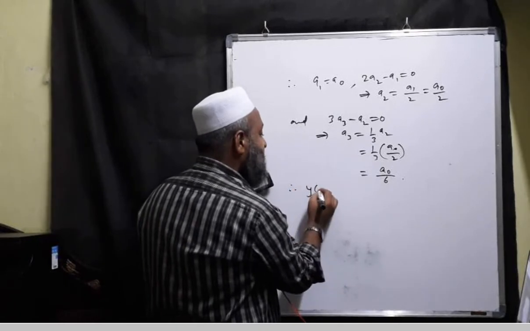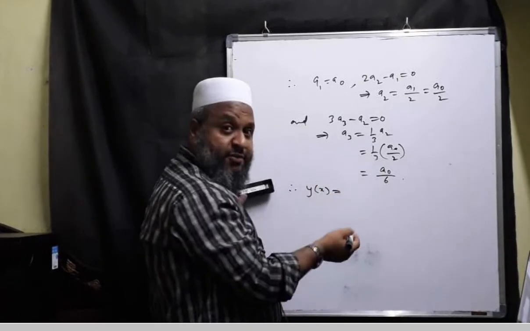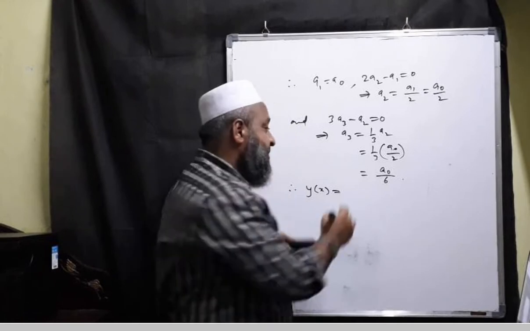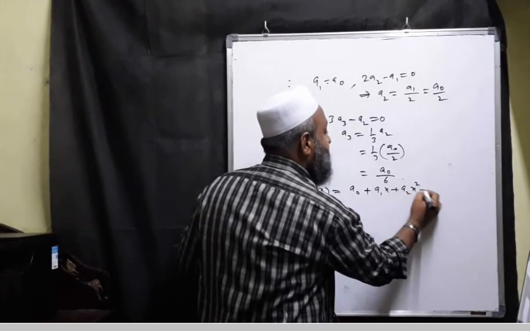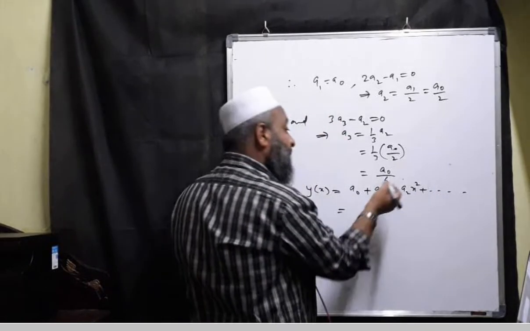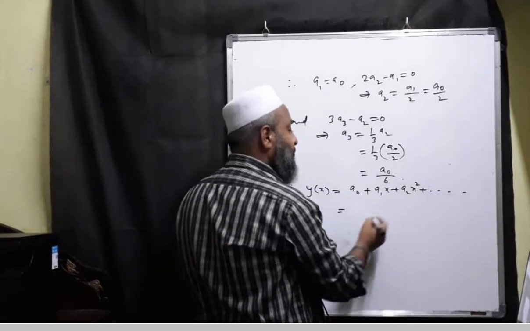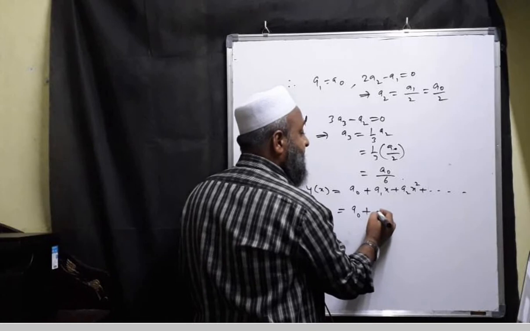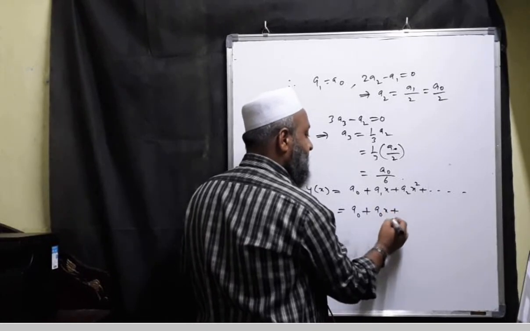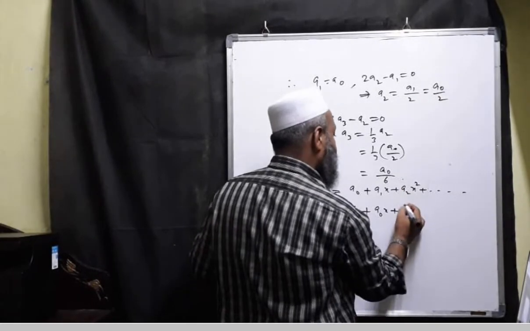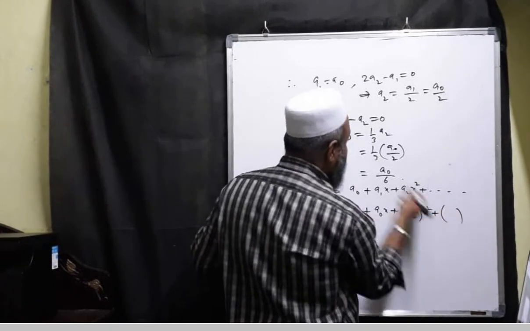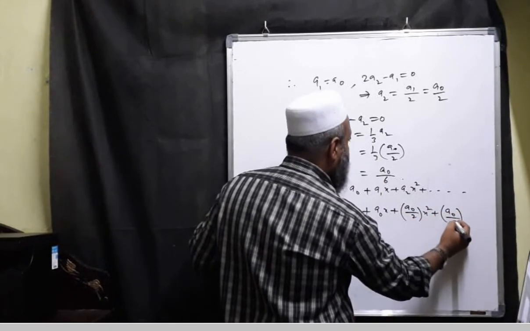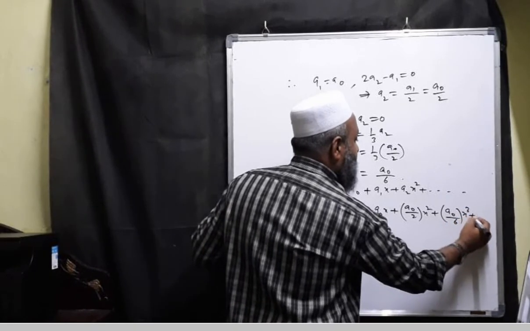Therefore, what is the solution now? The value of y in terms of x, that infinite series, was assumed as a0 plus a1x plus a2x square and so on. Now replacing the values of a1, a2, what do we get? a0 plus a1, which is again a0, a2 is nothing but a0 by 2, into x square, plus a0 by 6 into x cube, which we have calculated, plus so on.